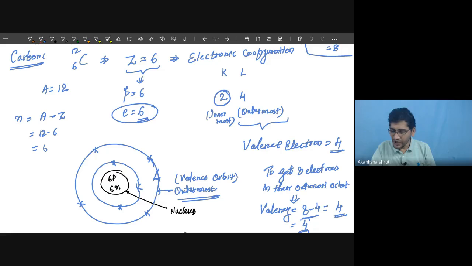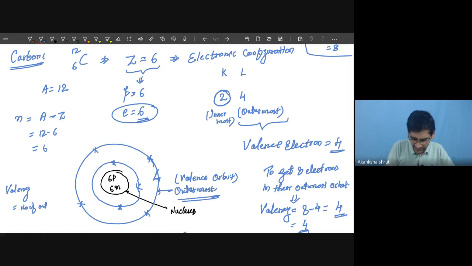In this way, we are observing whether we calculate this valency by 8 minus the number of outermost electrons, or the outermost electron count itself, it is always 4. Because we have learned in class 9th, students, if you have doubt you may go through your previous year notes, valency is equal to the number of outermost electrons.